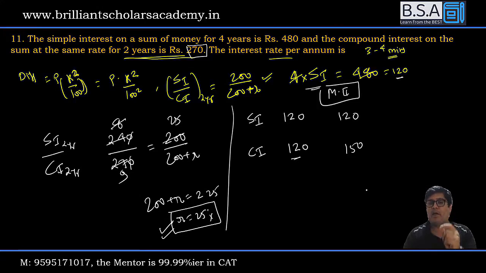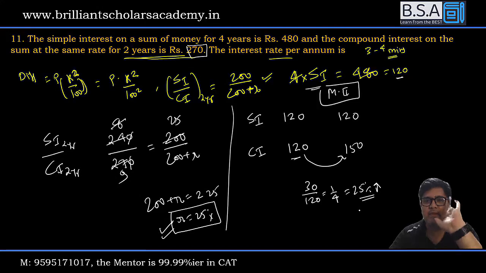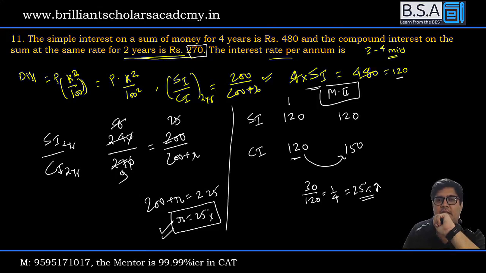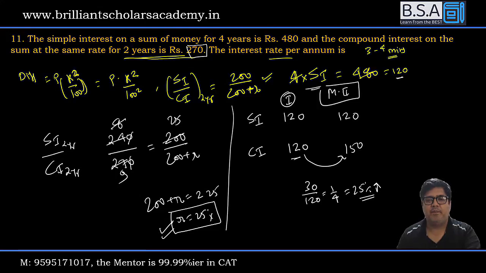So do you remember? Compound interest increases by R percentage every year. So what is the increase here? The increase is 30 rupees out of 120, which is 1 by 4. 1 by 4 is what? 25% growth. See, we have talked about this. Compound interest increases every year by R percentage. Furthermore, simple interest and compound interest are the same for the first year, so 120 rupees, 120 rupees.